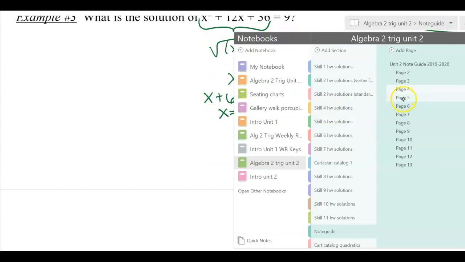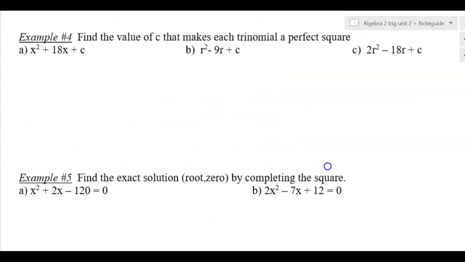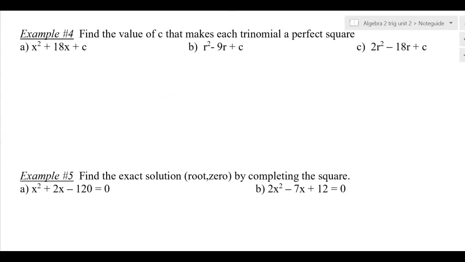So now we're going to actually look at completing the square. Completing the square is saying I'm going to put in a value that makes this quadratic a perfect square. Does that make sense to everybody? So like in the last problem I said this one's really nice, the x squared plus 12x plus 36.